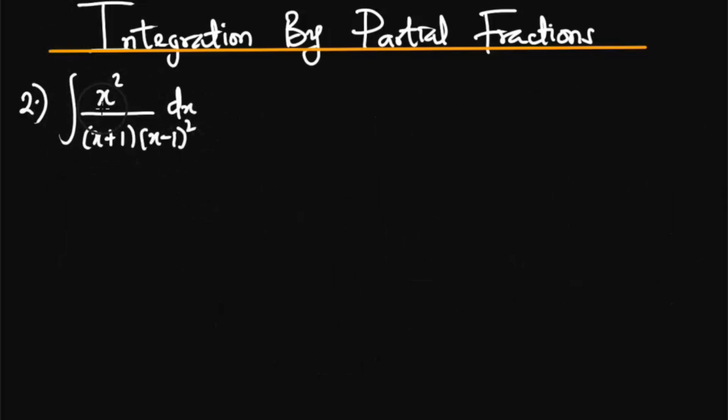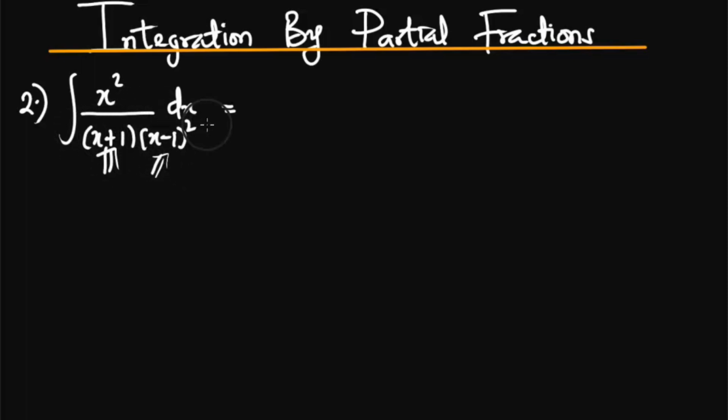For our next question, we have to integrate x squared divided by (x plus 1)(x minus 1) squared. And so we're going to split this into partial fractions. From our rules, we have established that this is a linear factor, and this is the square of a linear factor.